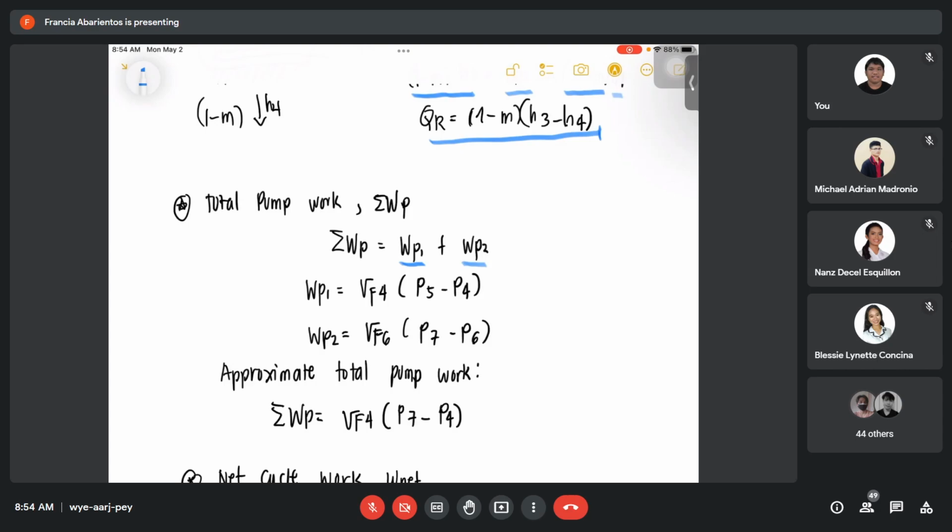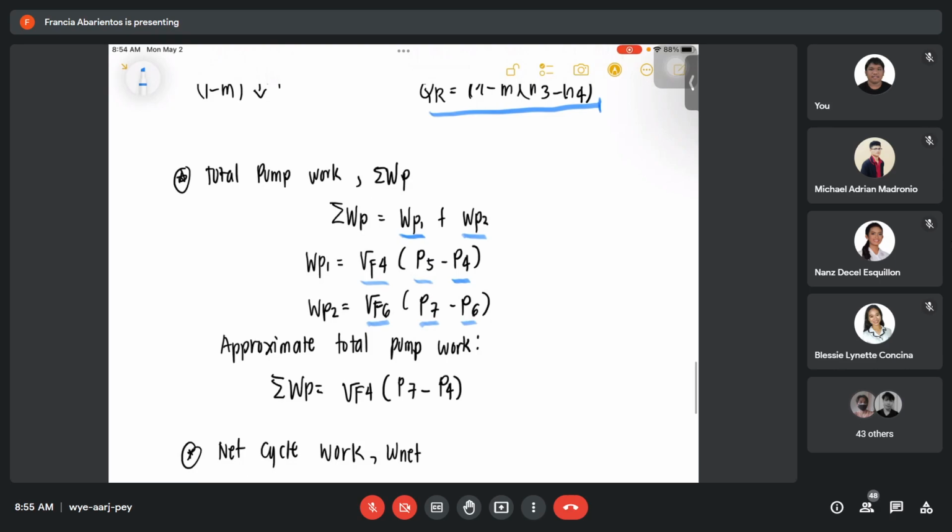We always make use of the approximation of the work of the pump, wherein the specific volume at saturated liquid is multiplied by the pressure difference, from the open feed water to the condenser. And the work at pump 2 will make use of the specific volume at saturated liquid multiplied also by the pressure at the boiler minus the pressure at the open feed water heater. Okay?